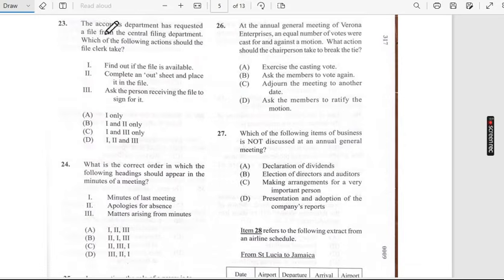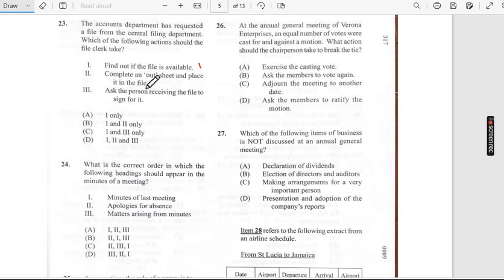Number 23, it says the action. Sorry, not the action. I'm not seeing well. Sorry. The accounts department has requested a file from the central filing department. Which of the following action should a file clerk take? Alright, so first thing first, let me see. Find out if the file is available. That is right.